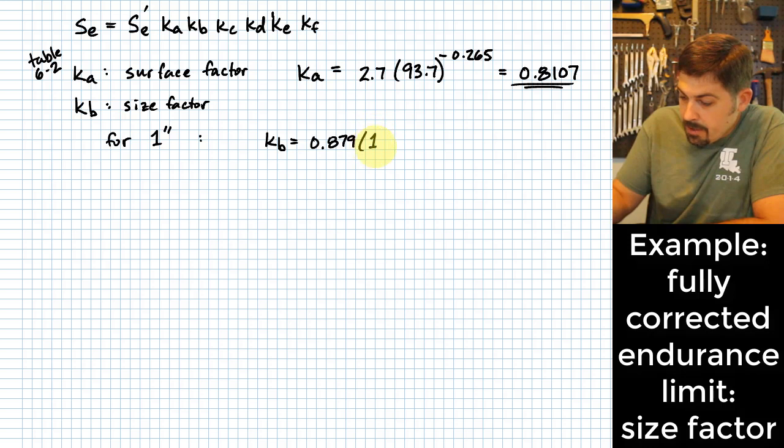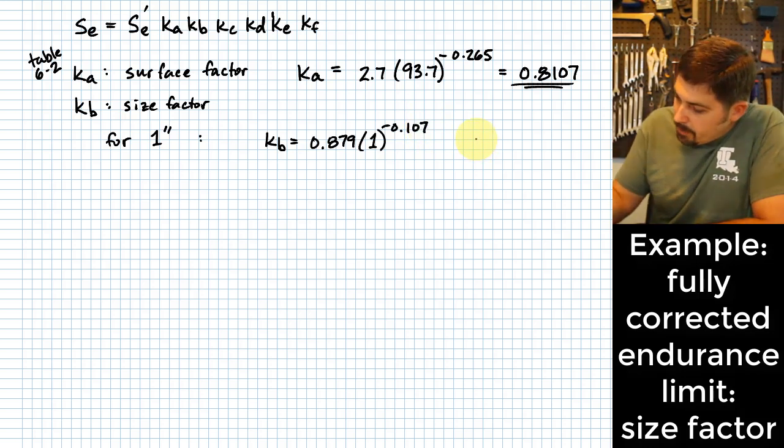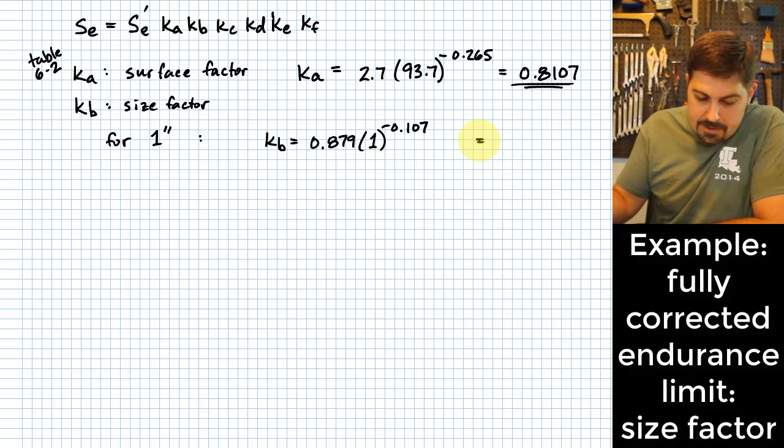We don't plug in units because it's an empirical equation. And then we raise it to negative 0.107. Okay, and when we plug that in, we end up with just 0.879.